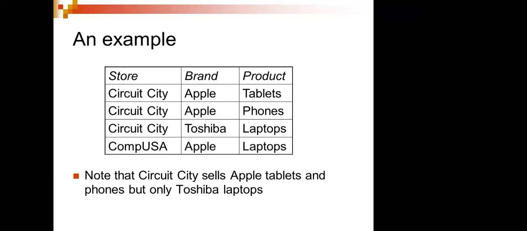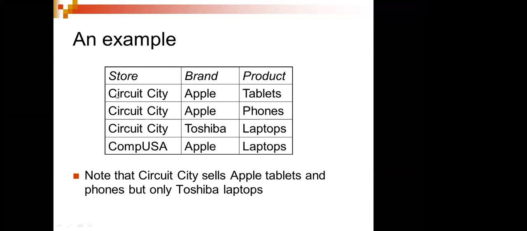I have 3 columns: store, brand, and product. And I have the store, and these are the items. I have the different brands and the different products. So if you remember, Circuit City sells Apple tablets and phones, but only a Toshiba laptop. What is the information I'm getting?